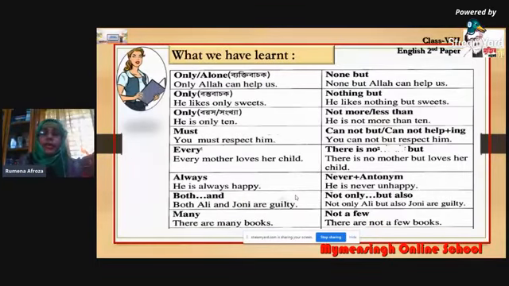Okay students, let's recall what we have learned from today's lesson. We have learned how to change sentences from affirmative to negative, and what rules we have got. If we find only or alone, and it indicates a person, we will use none but.